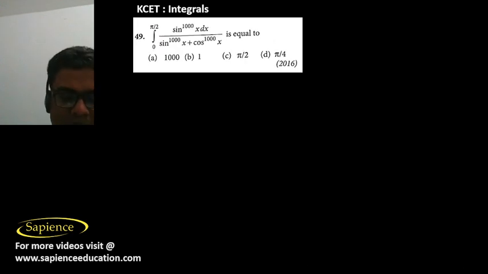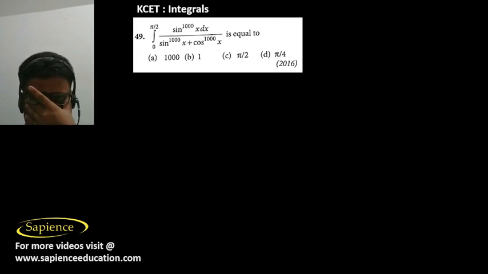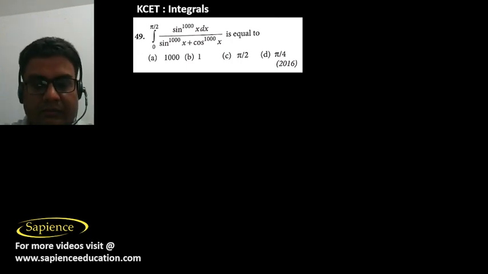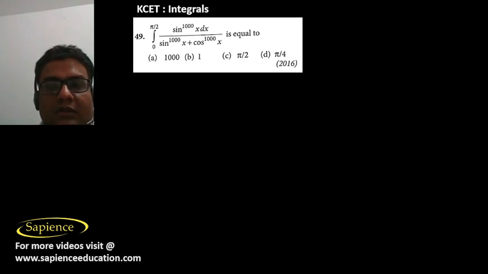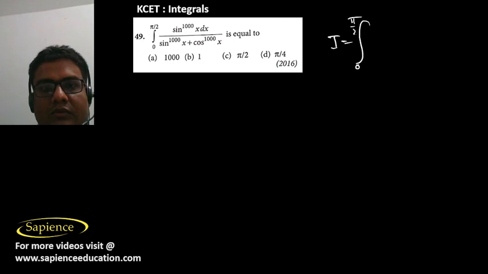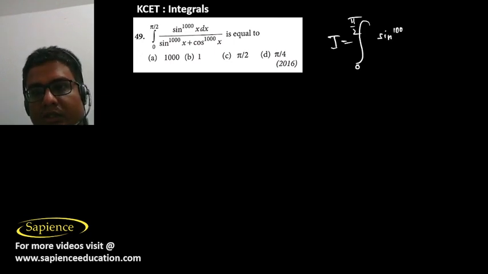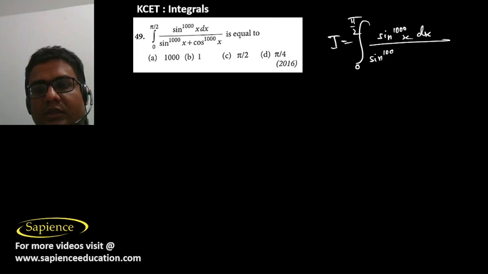Then question number 49. In question number 49, we have to find the integral from 0 to pi by 2 of sin^1000 x dx divided by sin^1000 x plus cos^1000 x.